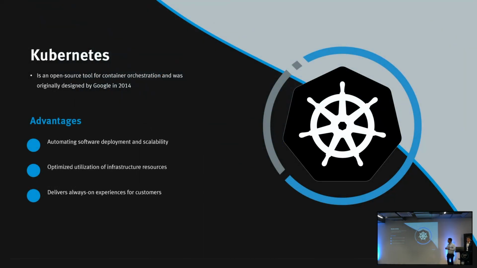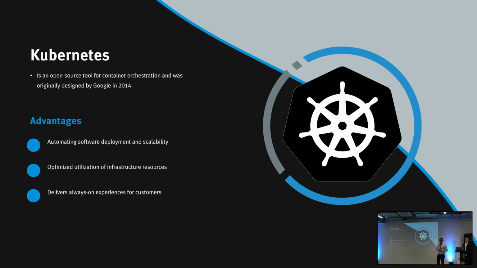So Kubernetes is an open source tool for container orchestration and was originally designed by Google in 2014. And you have some key advantages with Kubernetes. You can automate your software deployment and scale your deployments up and down. On the other side, there is the topic of right sizing.